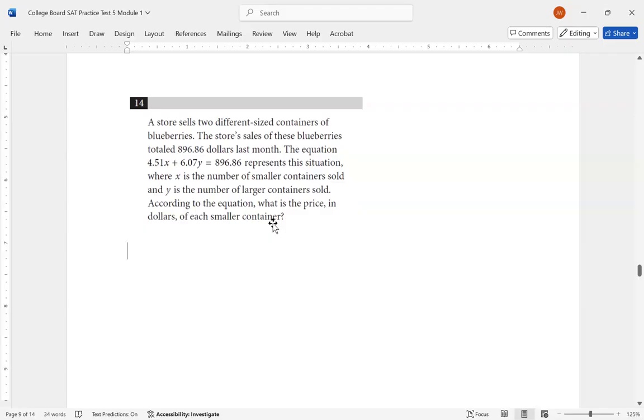So all that is saying the price is $4.51. This is just asking for what is the price in dollars. So it's $4.51. And that's it. That's the whole thing.